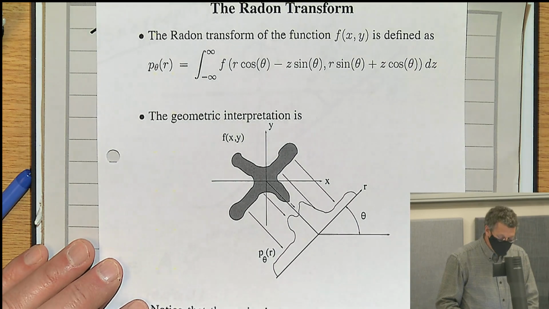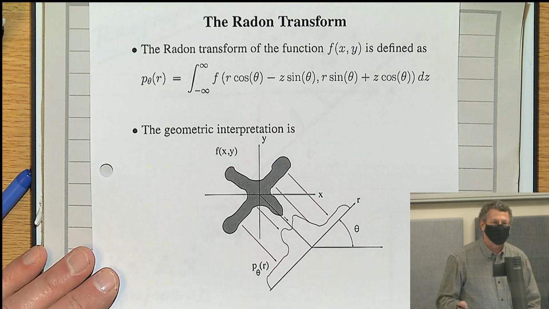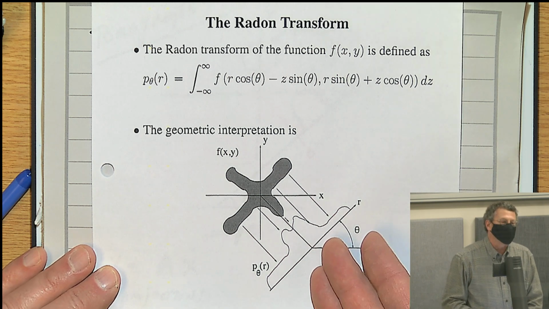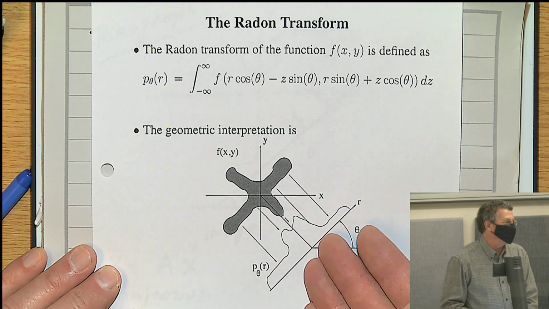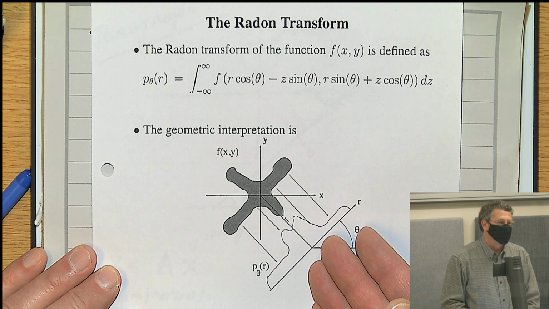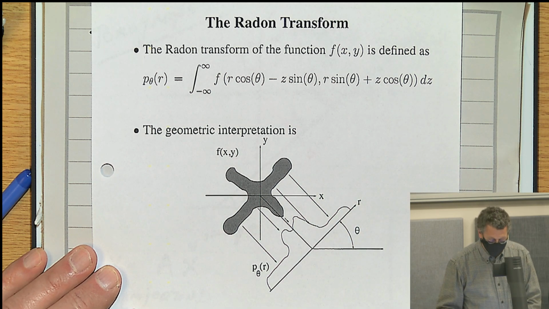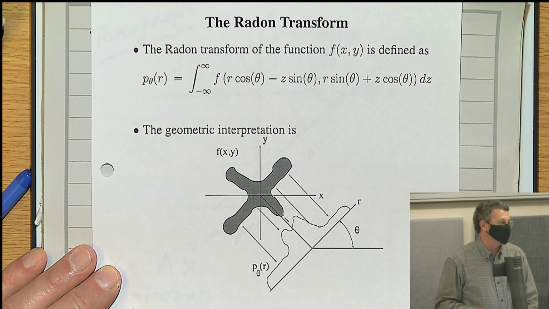Now, that's fine mathematically, but experimentally, where are these measurements going to come from, okay? How are we going to actually measure these line integrals? Well, it turns out that there's lots of different physical phenomena that can result in this kind of measurement for different cases.